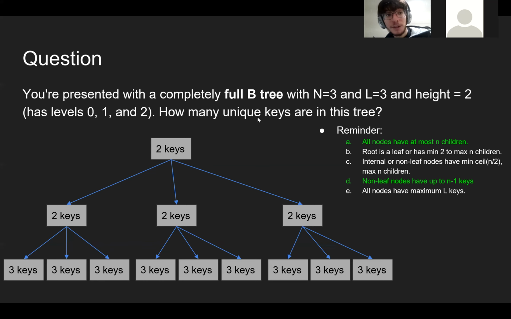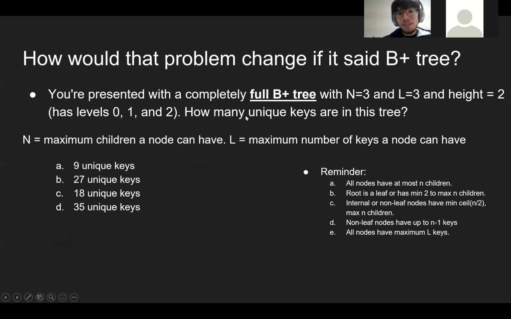And then, going off of that, that's for a full B tree. What about a full B plus tree instead? How does it change?